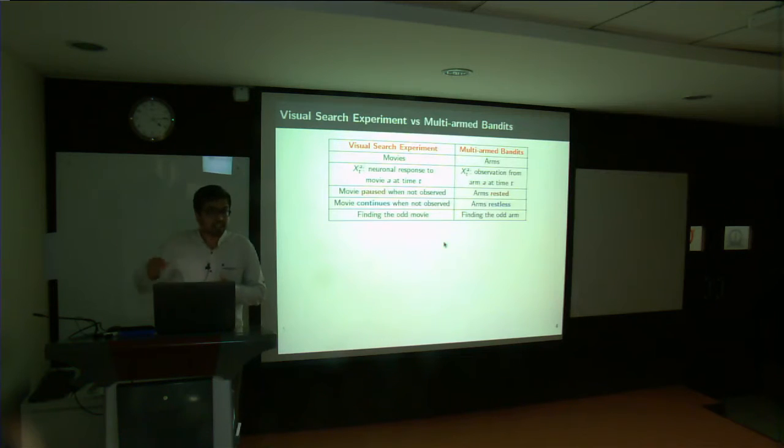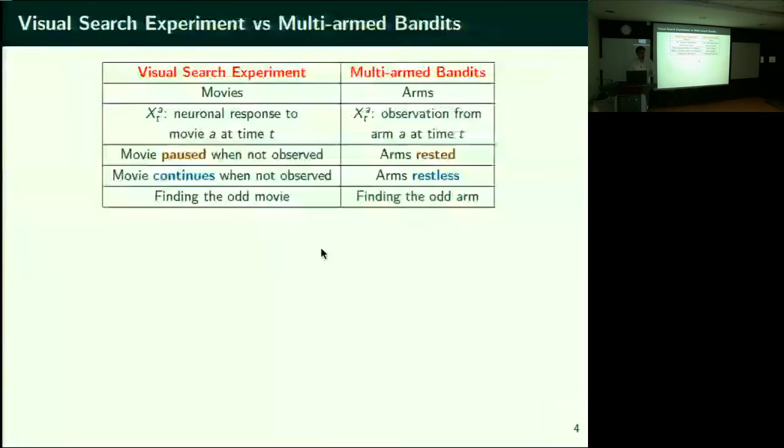You can pull various levers at various time instants. Pulling a lever corresponds to selecting a movie location to observe. Now at time t on movie A, you got a certain neuronal response after observing the frame of that movie. That is treated as an observation in a multi-arm bandit, the observation you get by pulling arm A at time t.